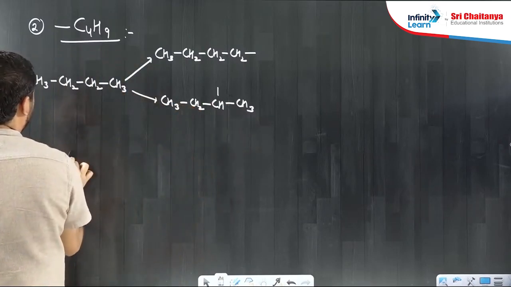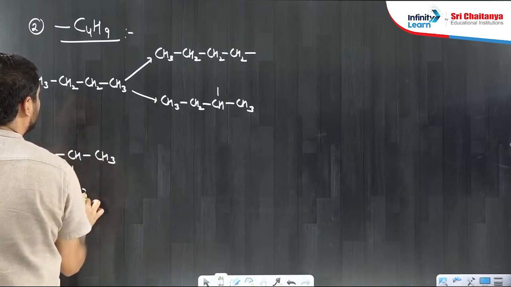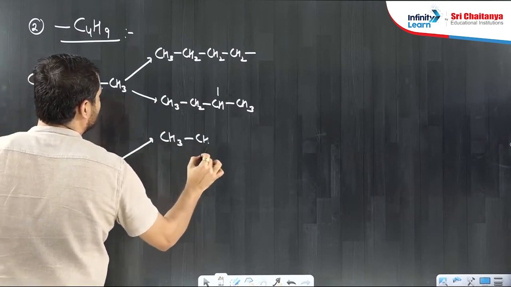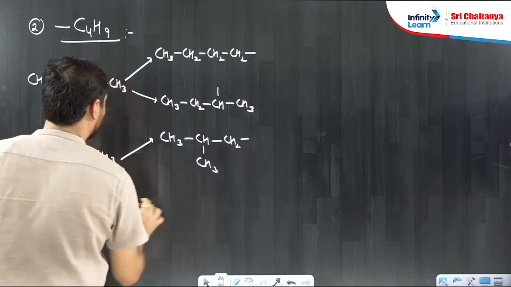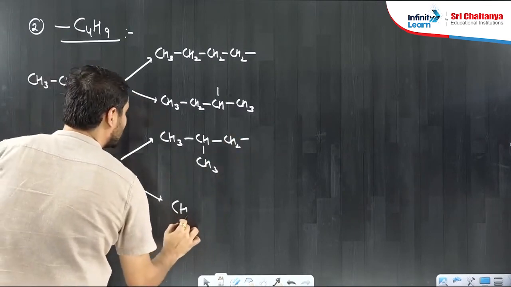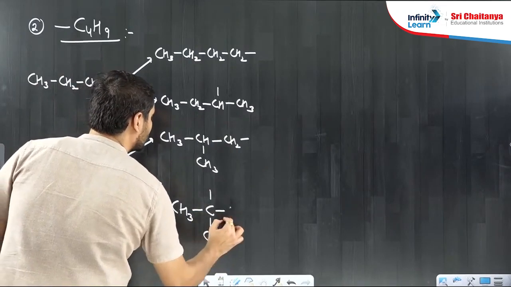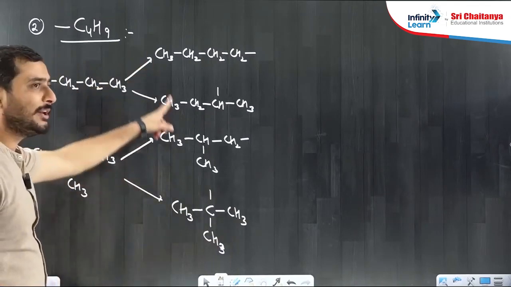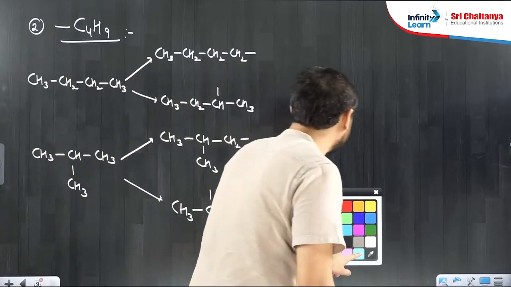Next is isobutane, which is also possible for C4H10. Now 2 possible cases are there. If we remove hydrogen from the last carbon, CH2, and one is if we remove hydrogen from tertiary carbon. So total how many isomers are possible? 4 isomers are possible for C4H9.